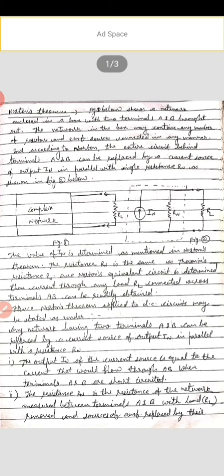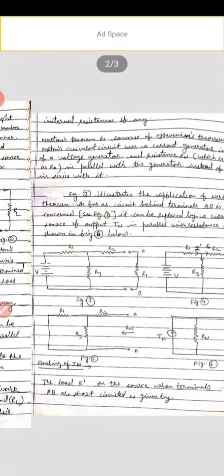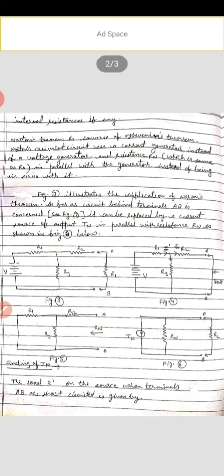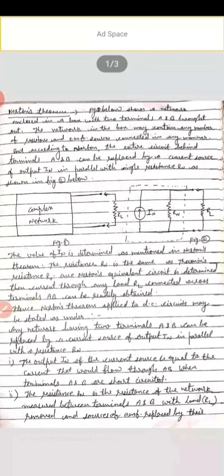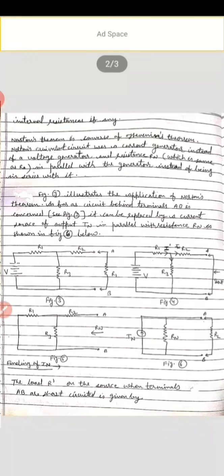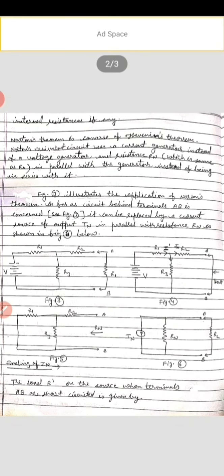Second, the resistance Rn is the resistance of the network measured between terminals A and B with load RL removed and sources of EMF replaced by their internal resistances, if any.